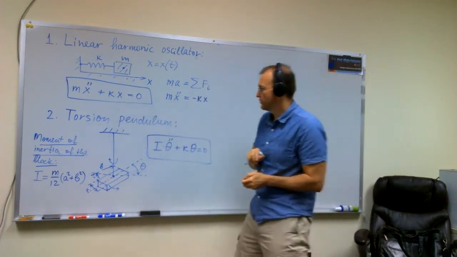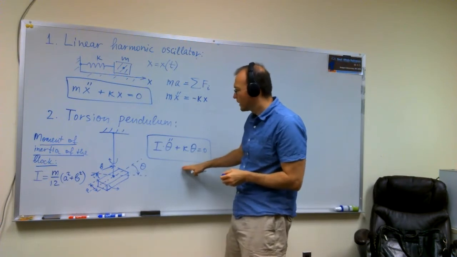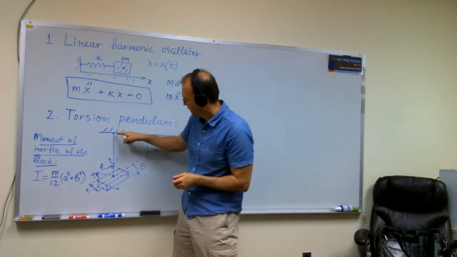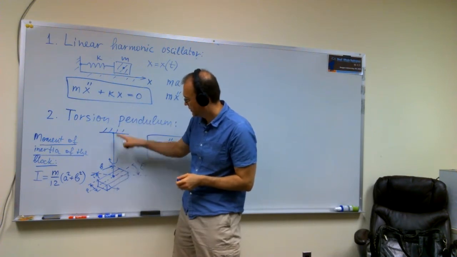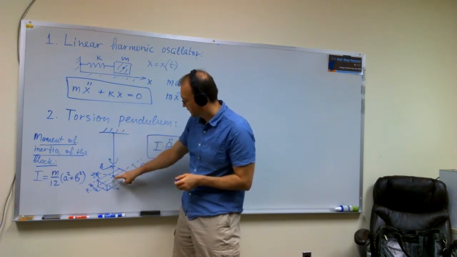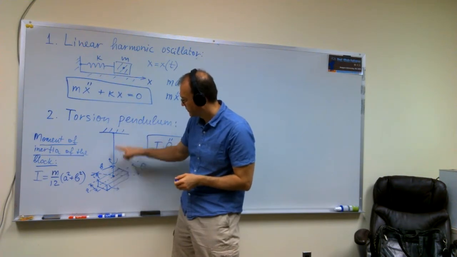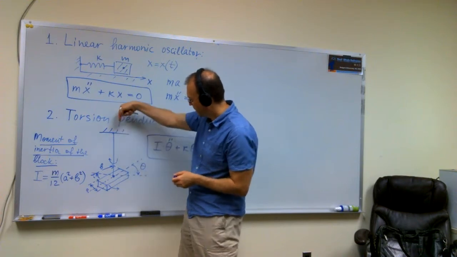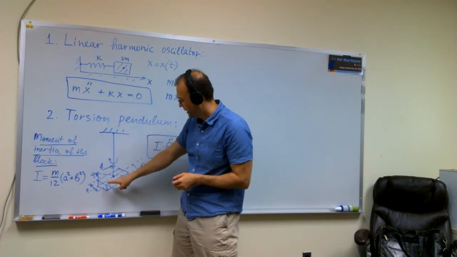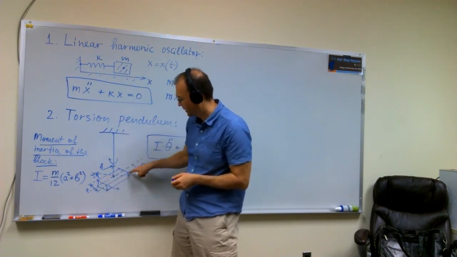Now for the torsion pendulum, what we have is a mass, a rectangular block in this case, which is attached to a string, a metal wire, and suspended from this point. Okay, so we have a vertical string and a massive block attached here.